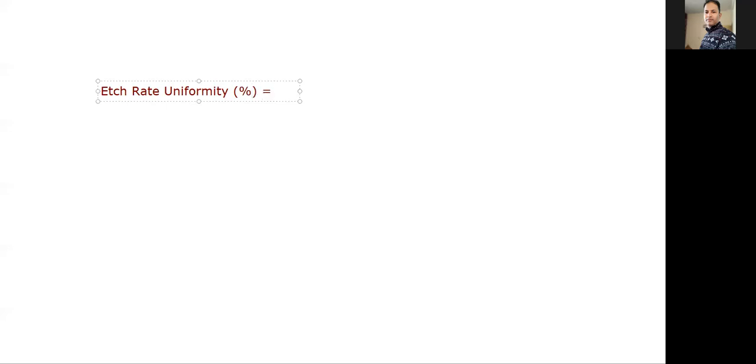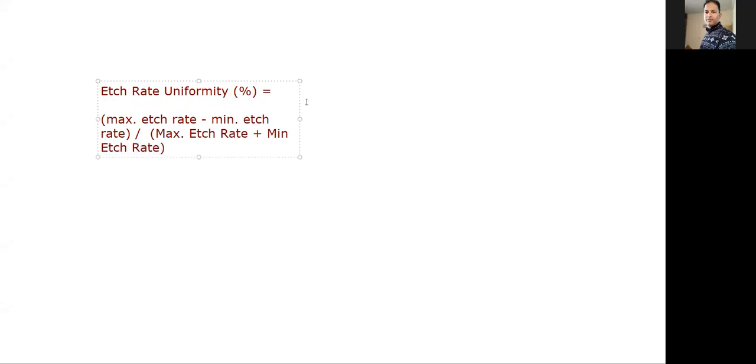It is the maximum etch rate minus the minimum etch rate, and this whole difference gets divided by the maximum etch rate plus the minimum etch rate.